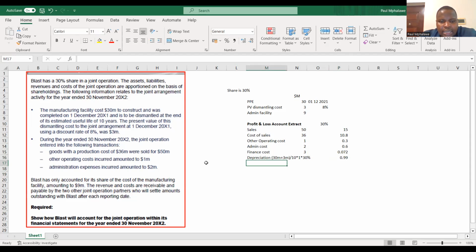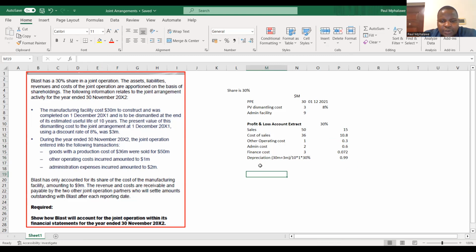What other activity do we need to calculate? So that basically is the share of the operation. Let me see if there's anything that has come to my attention. Okay. 1 million, 0.3, that is correct. All right.